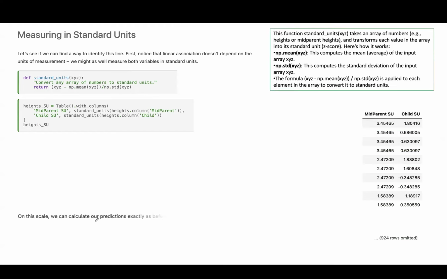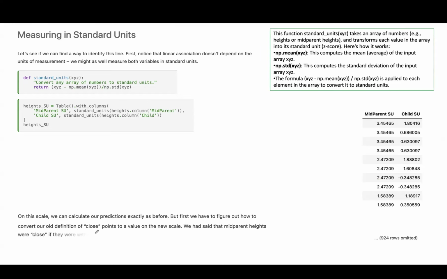On this scale, we can calculate our predictions exactly as before. But first, we have to figure out how to convert our old definition of close. Again, we are going back to the topic of near or neighborhood. Close points to a value on the new scale.